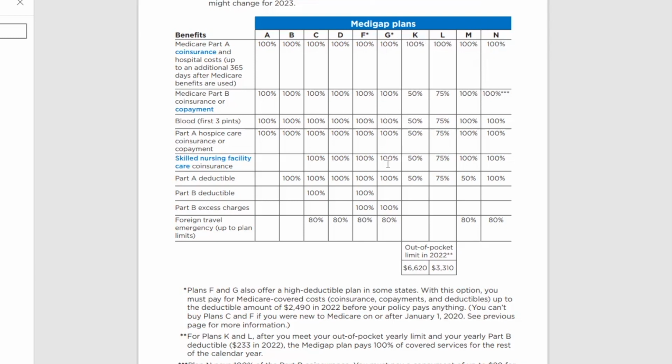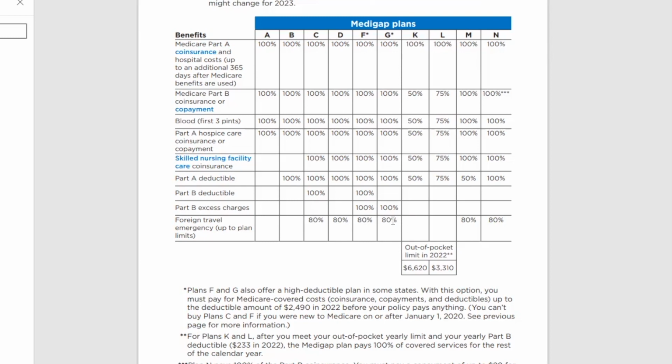All right, guys. So if you scroll down here, you're going to look at Part B excess charges. So Plan G covers 100% of excess charges and Plan N does not, okay? So Plan G is going to cost a little more than Plan N because Plan G does cover excess charges. So what are excess charges? Medicare sets aside fees for certain services.